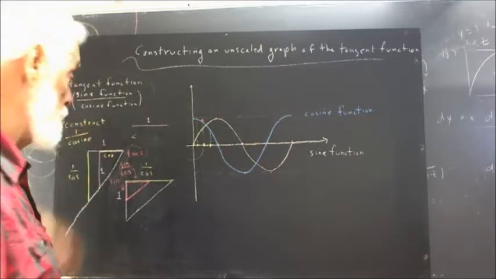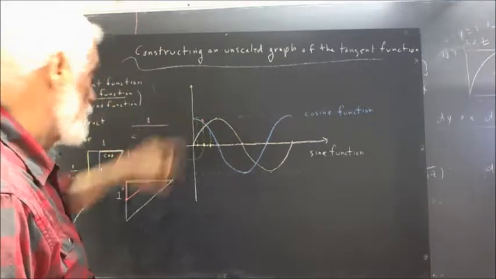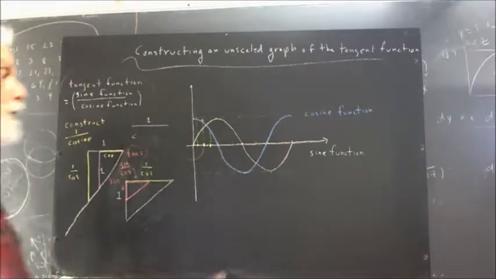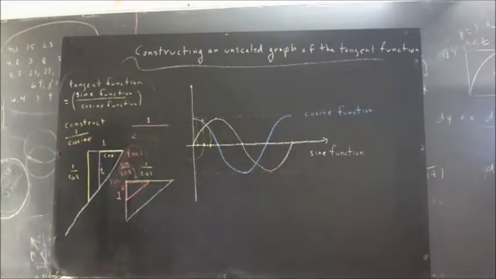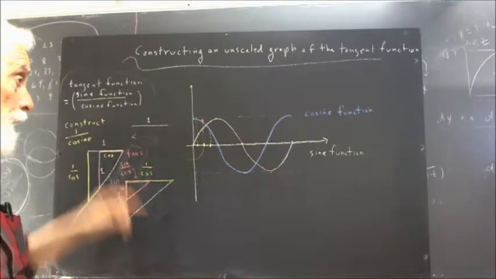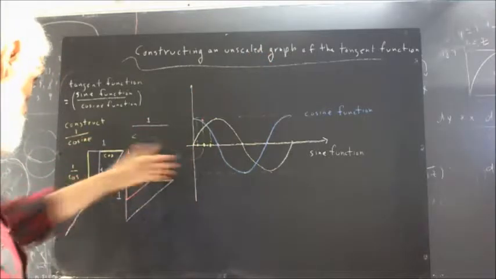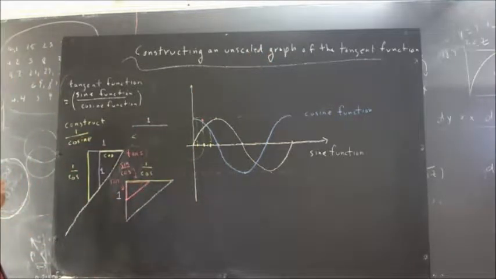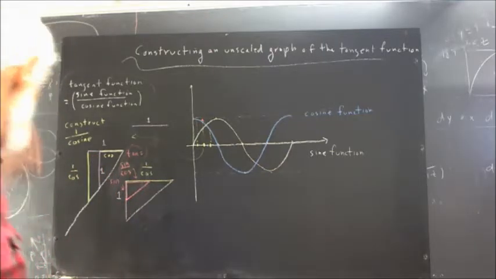This is a little too big. It looks like the unit is about up here. And there's nothing wrong with that because these are unscaled. Everything is unscaled. I can pick any segment I want and say that that segment has length 1, and I will get an unscaled graph of the tangent function if I proceed to do all my constructions correctly, and accurately.